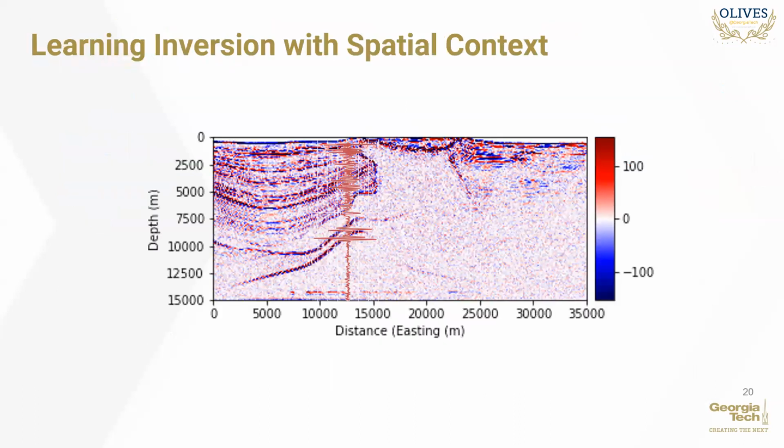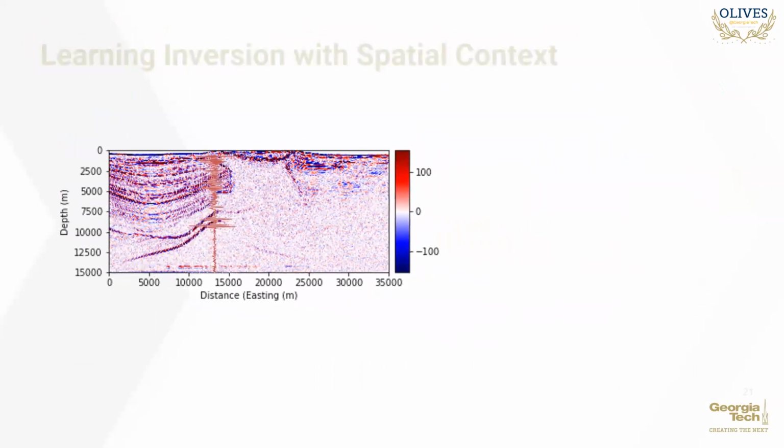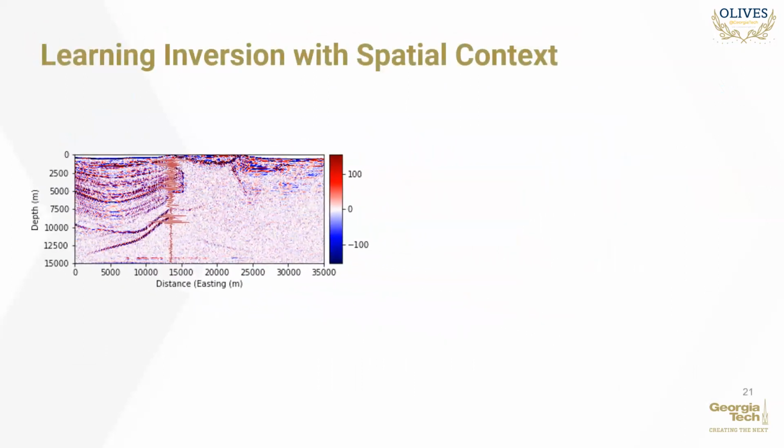So what we proposed in this work was that in addition to having the temporal component, we would also like to model the spatial component. So you have a seismic image here in the plot, and then I'm showing the seismic trace at one specific point in this seismic image.